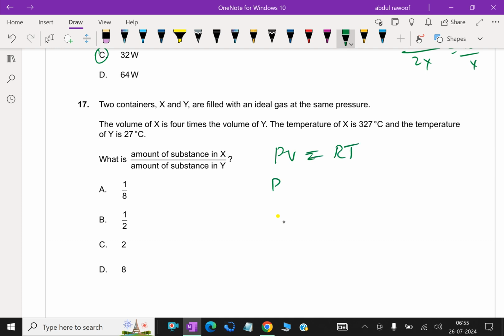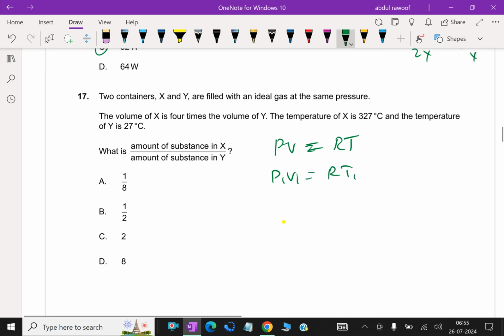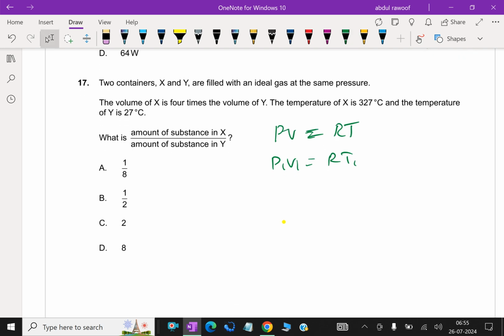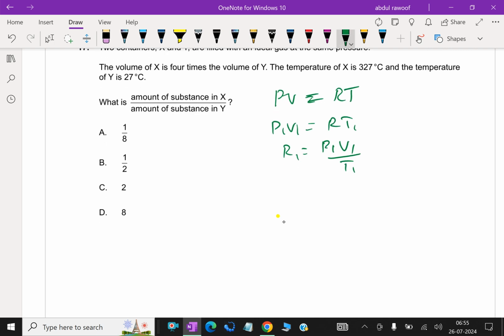Then generally you can write P1 V1 equals n RT1, here n equals P1 V1 by RT1. Then the amount of gas in container X over the amount in container Y is P1 V1 by T1 into the reciprocal, T2 by P2 V2.